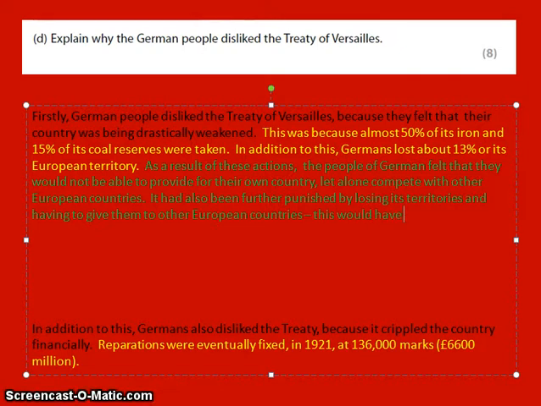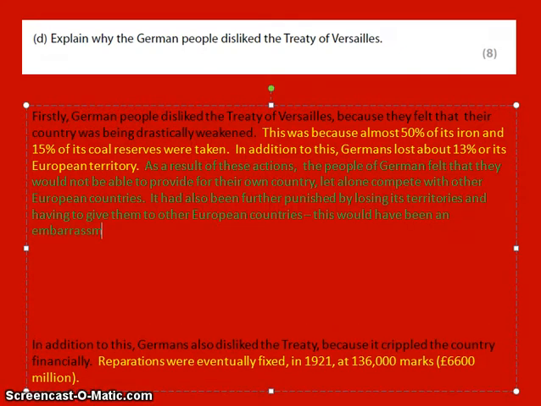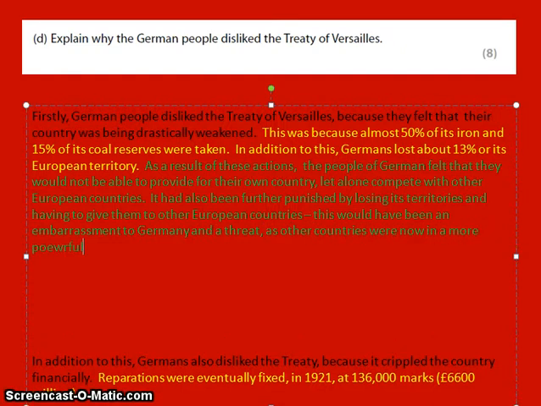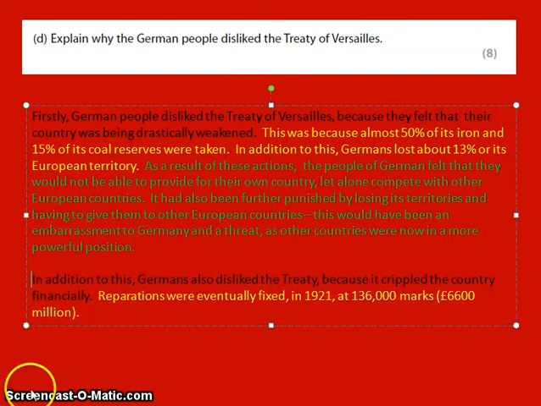This would have been an embarrassment to Germany and a threat, as other countries were now in a more powerful position. Okay, so we've got our second point which we're trying to explain.